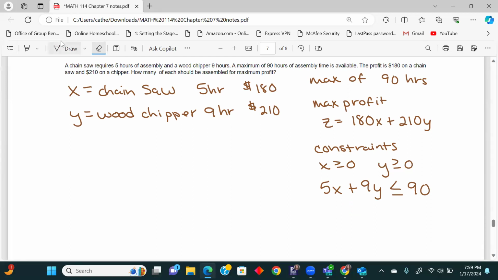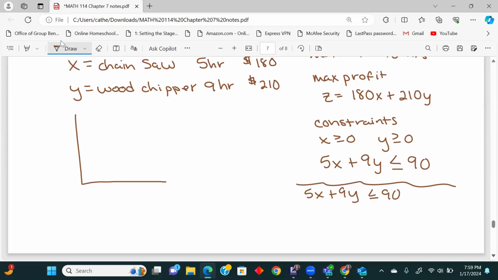Okay, and if you wanted to graph it, X is equal to 0, Y is equal to 0. Since it's greater than, I'm just going to shade everything in this quadrant, just like we did on the last section. So we do need to graph this last, or figure out where the corner points are. So let's change this.